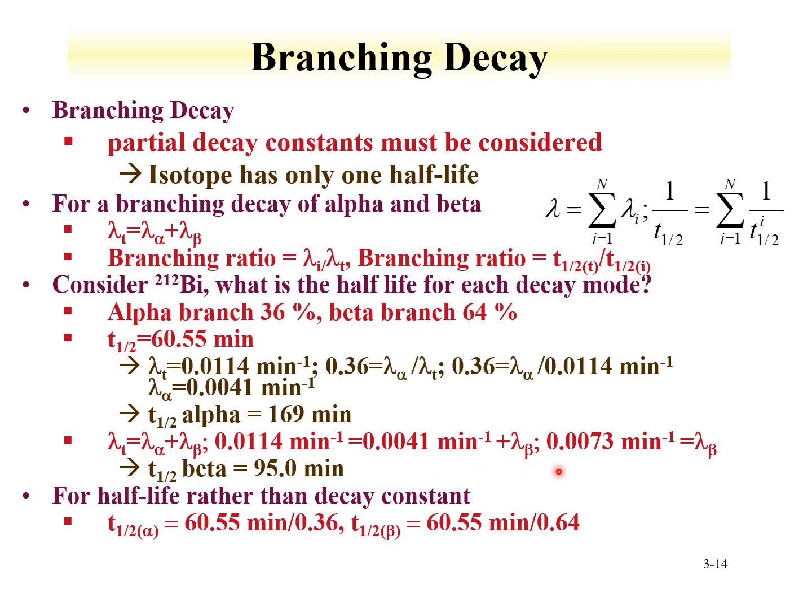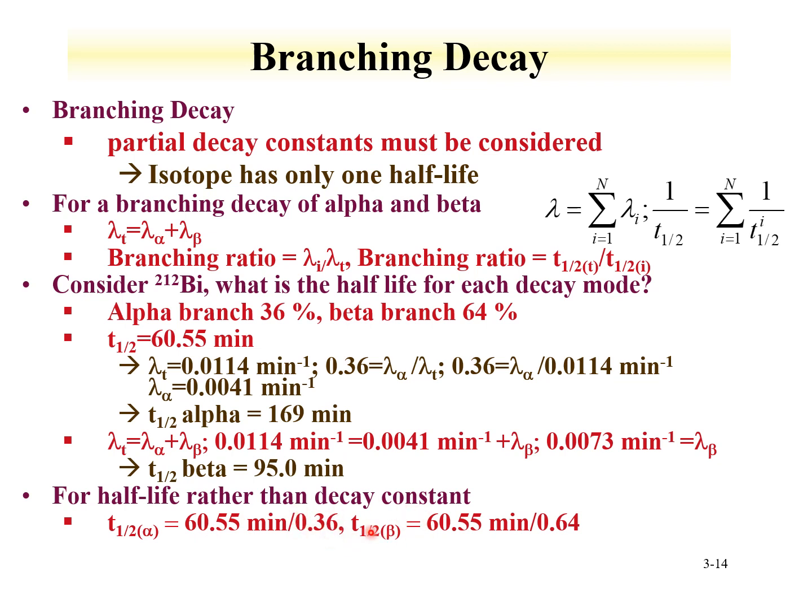We do the same thing for the beta decay, and we see that its value is about 95 minutes. We could also calculate the half-life directly using this ratio. If I know that the total half-life is 60 minutes, the alpha half-life is equal to the total half-life divided by the branching ratio.